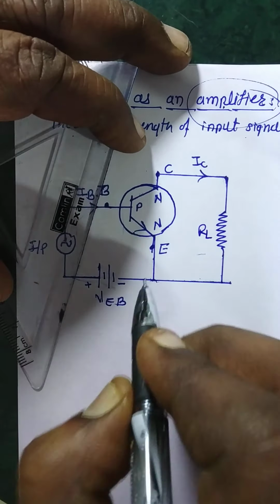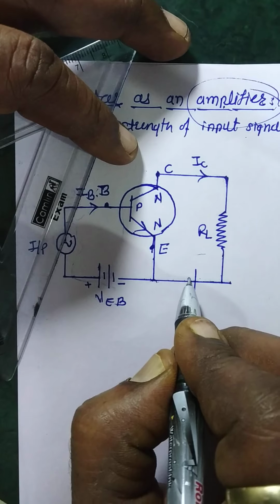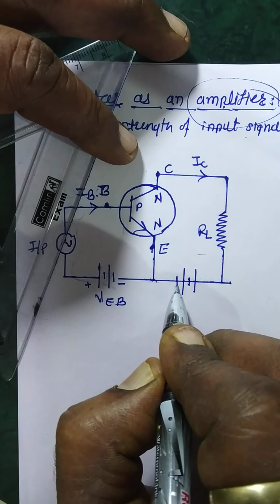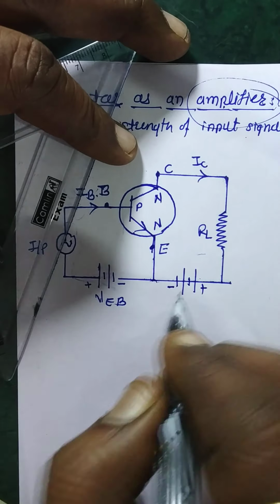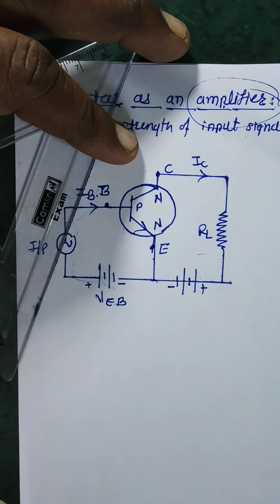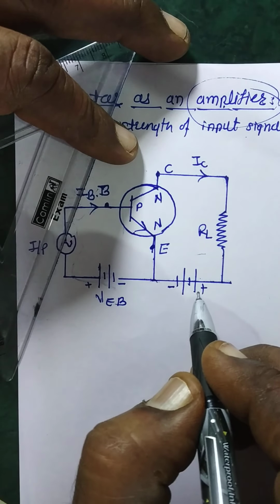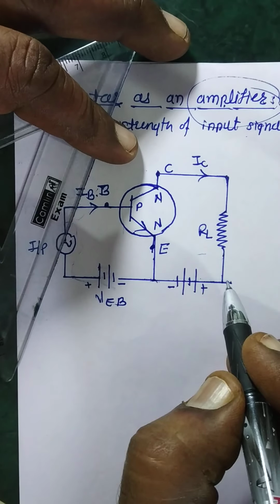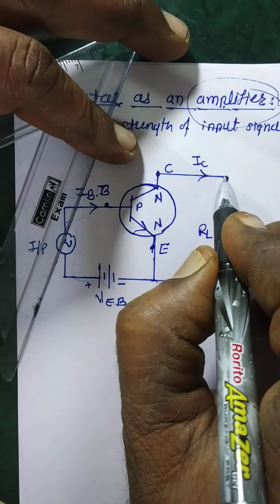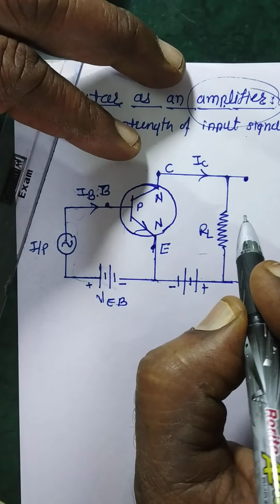Load resistance RL. Output voltage is measured across load resistance.